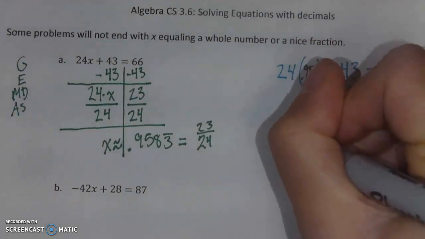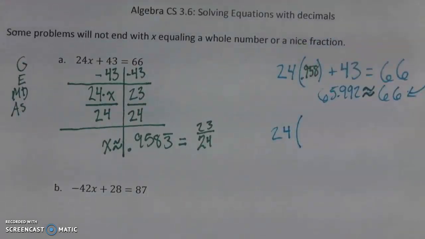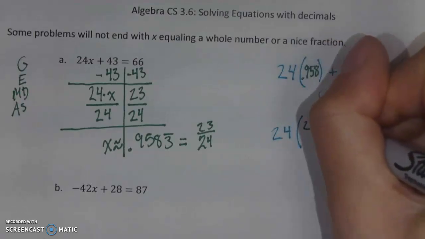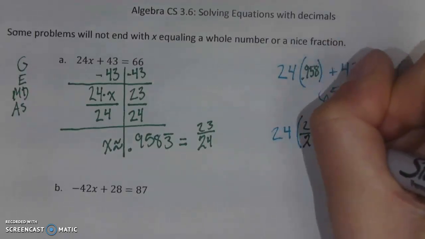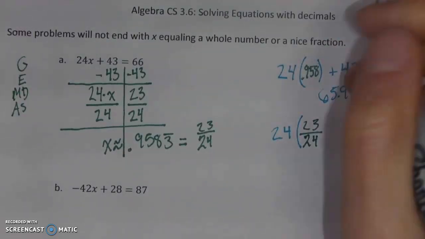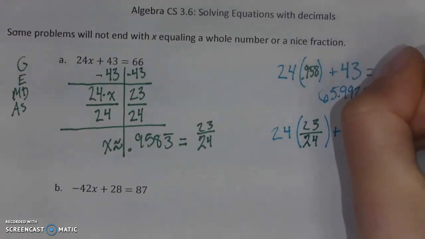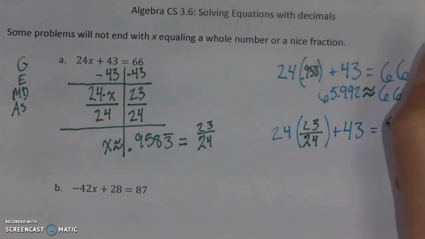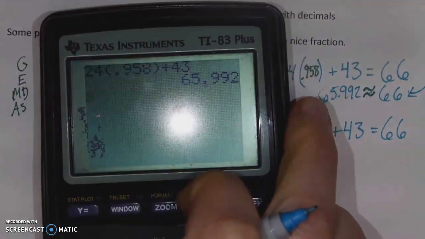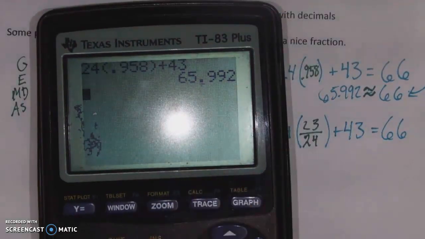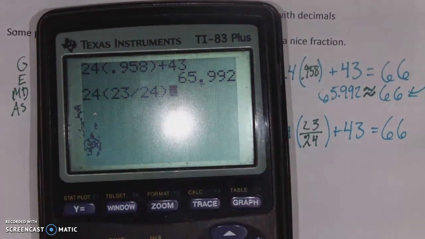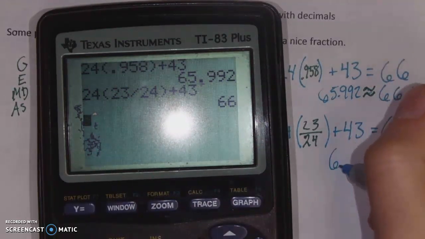You can also check this by using the fraction. And this is better because this should give you an exact answer. Now you have to be careful when you put fractions into your calculator that you're using parentheses around them, or it will not give you, most of the time, the correct answer. But if I type this in very carefully and I do 24 times 23 over 24 in parentheses plus 43, I get an answer of exactly 66.